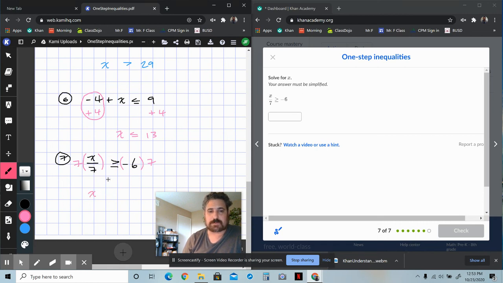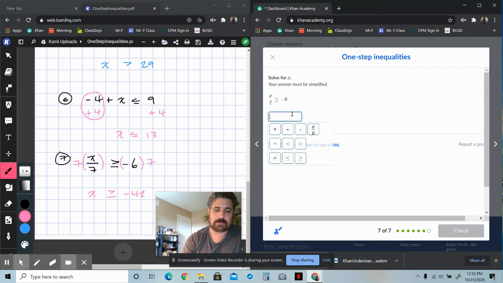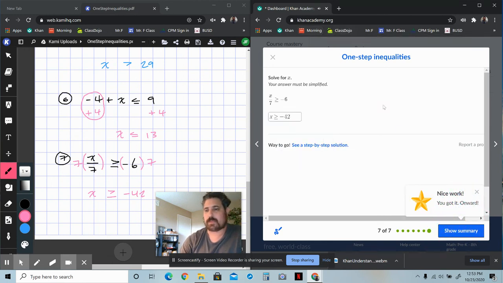We didn't multiply by a negative, so this stays exactly the same. And then what is negative 6 times a positive 7? That is negative 42. So your final answer is going to be x is greater than or equal to negative 42. So you write x is greater than or equal to, with a little line underneath, and then negative 42. And that's the answer.